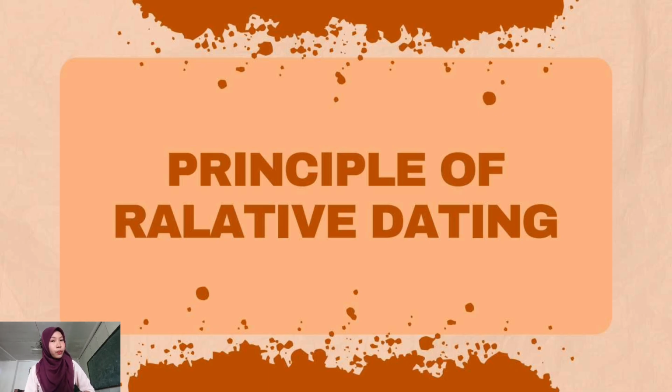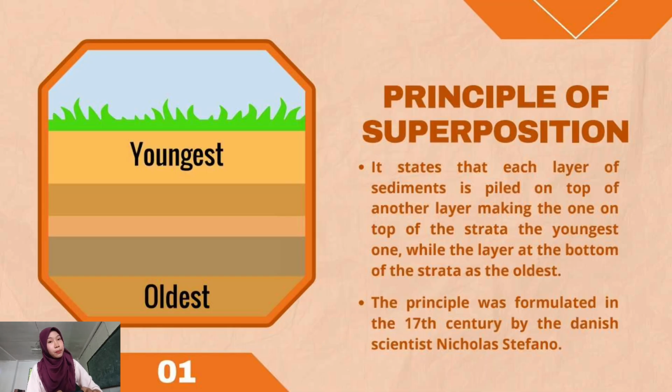Let's start with the principle of superposition. The principle was formulated in the 17th century by the Danish scientist Nicolas Steno. It states that each layer of sediments is piled on top of another layer, making the one on top of the strata the youngest, while the layer at the bottom of the strata is the oldest.